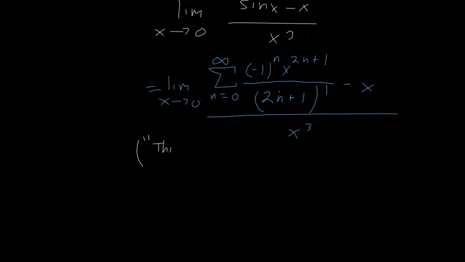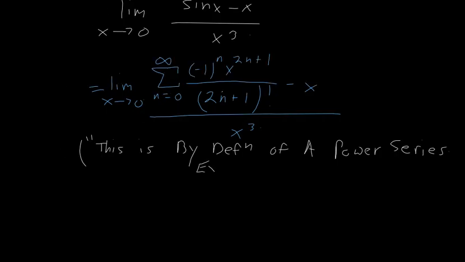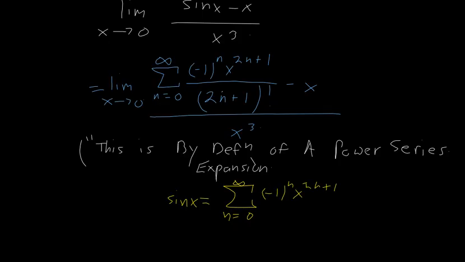This is by definition of a power series expansion of sine x, which we said here, sine x is just the sum from n equals 0 to infinity, negative 1 to the n, x to the 2n plus 1, divided by 2n plus 1 all factorial.